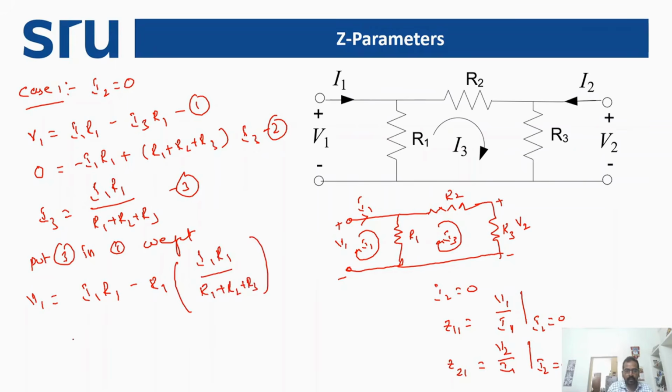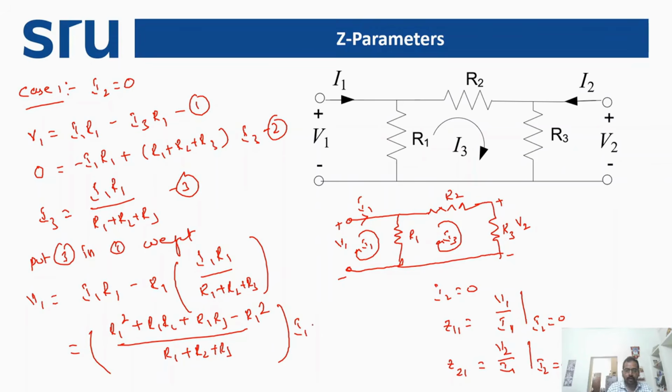Taking I1 as common, we have R1 squared plus R1 R2 plus R1 R3 minus R1 squared, divided by R1 plus R2 plus R3, into I1. If we take the ratio, we get V1 by I1 equal to R1 R2 plus R1 R3 divided by R1 plus R2 plus R3.